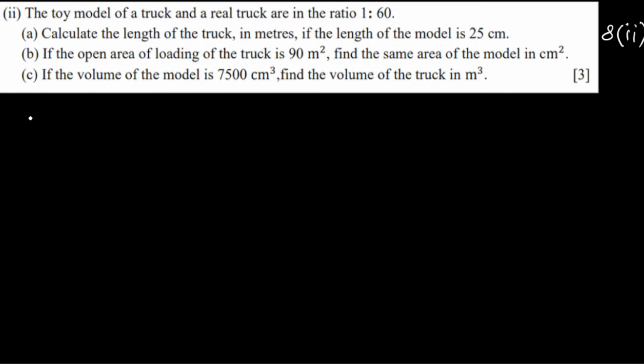So I'll just write it down. What is scale factor? This is a very easy thing. Scale factor is the ratio, and ratio means a fraction. It can be a ratio of length, area, and also volume. So there are three ways we can write the scale factor.